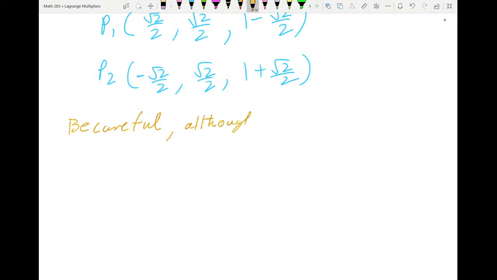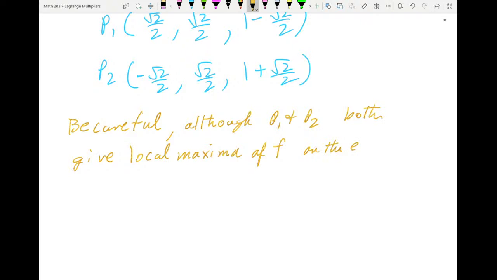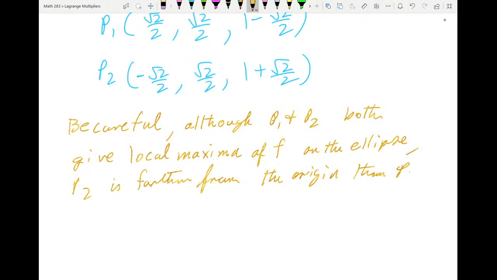Although P1 and P2 both give local maxima of f on the ellipse, P2 is farther from the origin than P1.